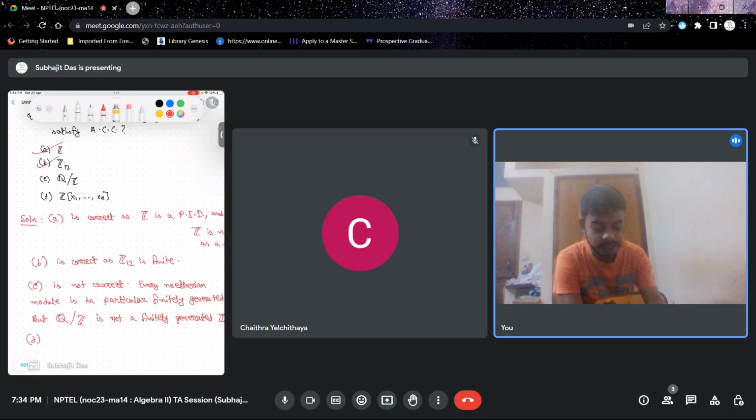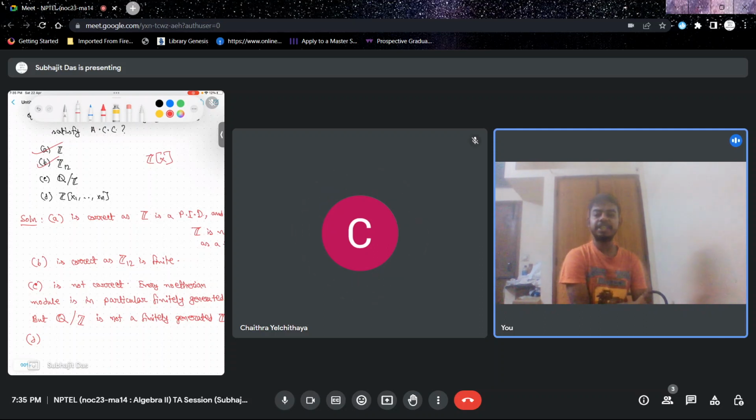Okay, forget so many variables, just concentrate on one. Is Z[x] Noetherian as a Z module? Again, use the same argument. If it were Noetherian as a Z module, then in particular it would be finitely generated as a Z module, right?